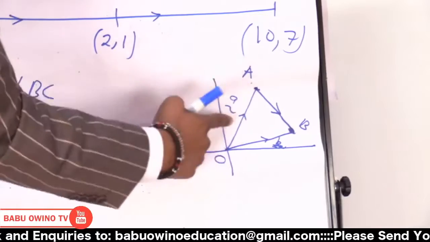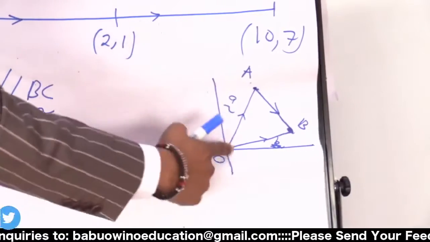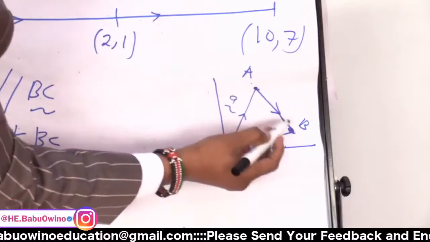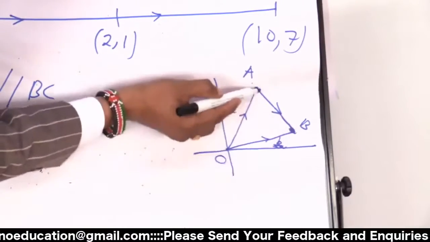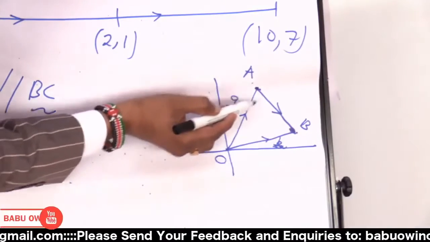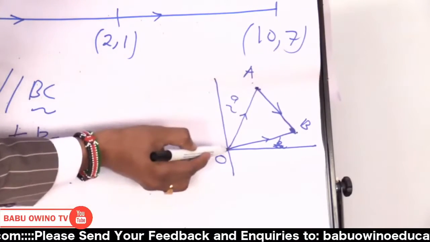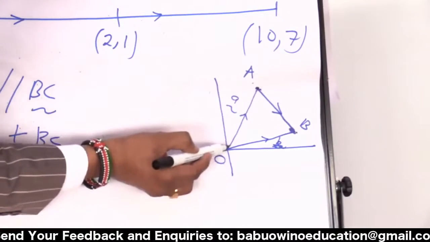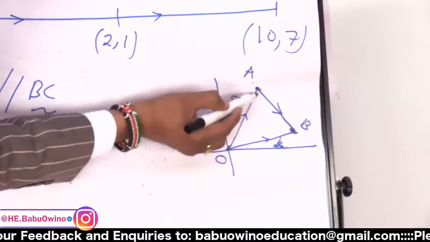So OA is denoted by A. OB is denoted by B. AB means you can move from A to B direct, or you can move from A to O, then O to B. When you move from A to O, you are moving in the opposite direction.